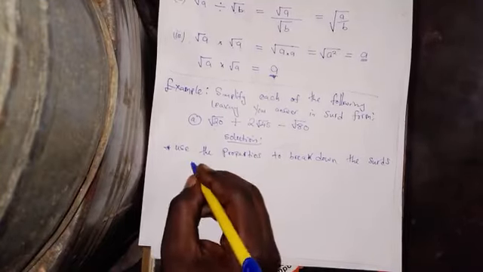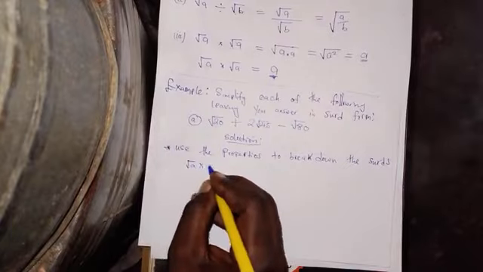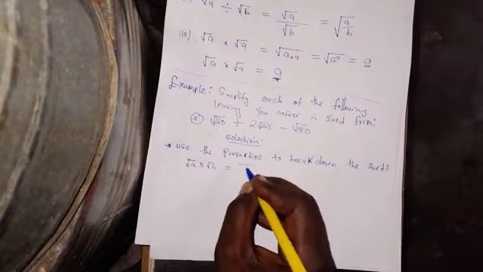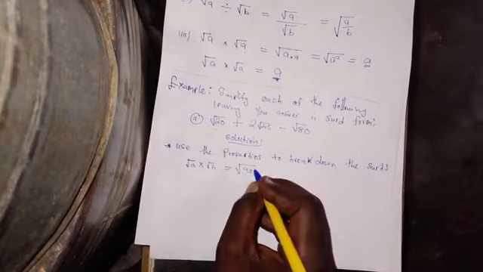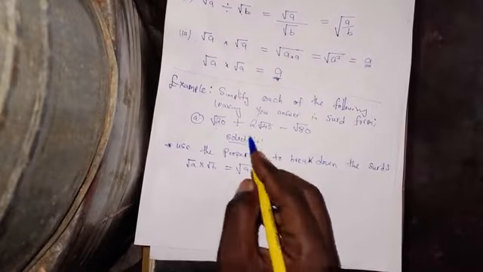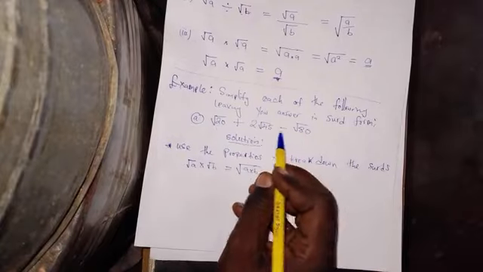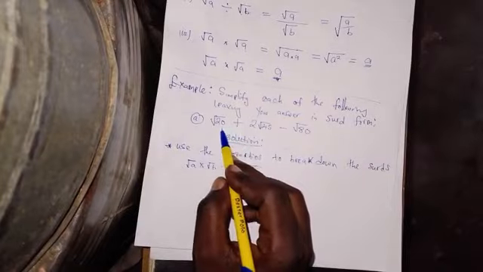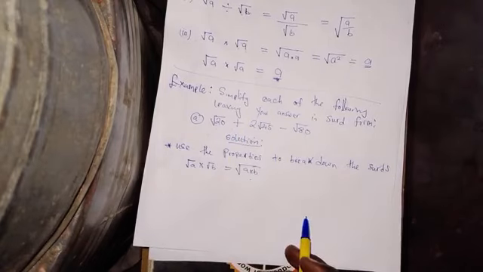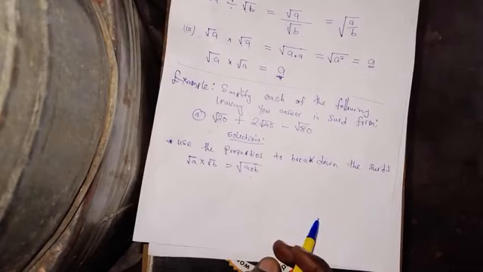Remember, we said root of A times root of B is the same as root of A times B under that root. This is the same thing I'm going to do in each case. I'm going to break it down into something simple.